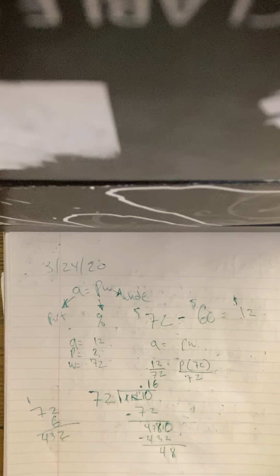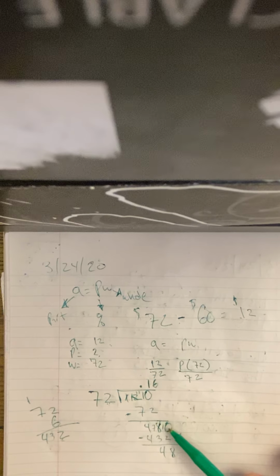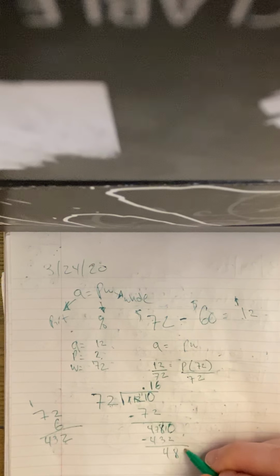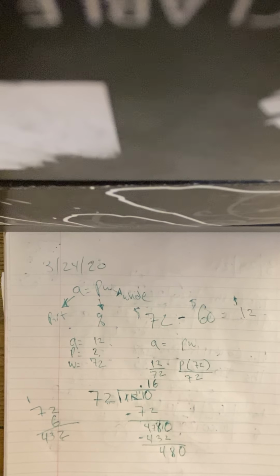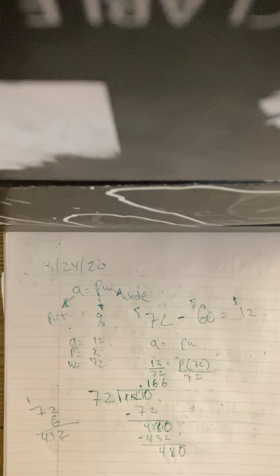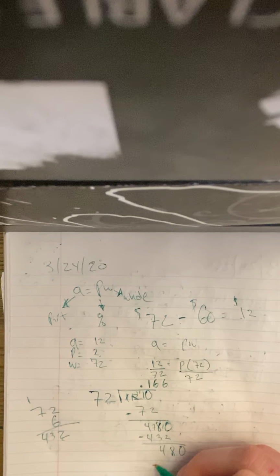Wait, this is looking awfully familiar. I just did 72 into 480, and I know 72 can't go into 48, so again, I got to add a 0. So what does this tell you? 72 into 480 again. We already know what that is. It's 6. And what does this mean to you? Let's see what happens if I do it one more time.